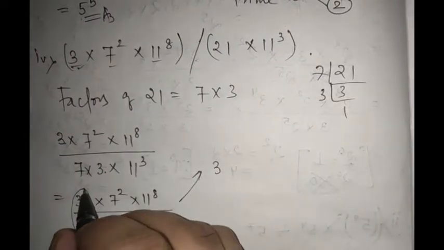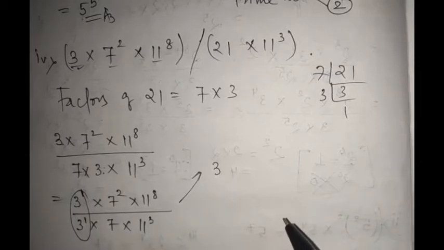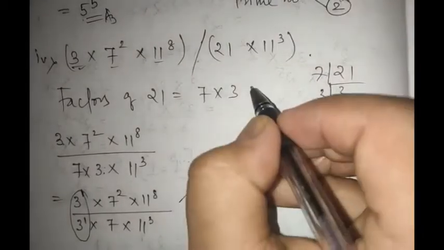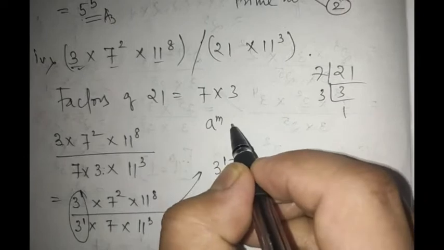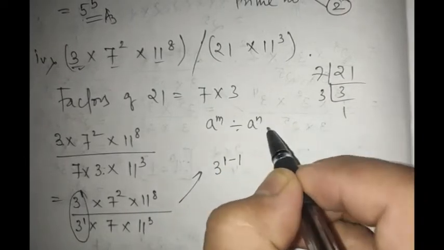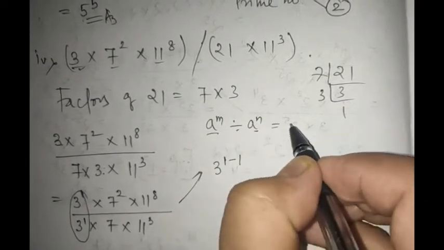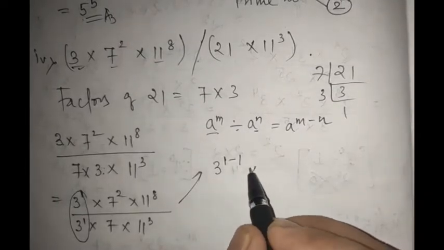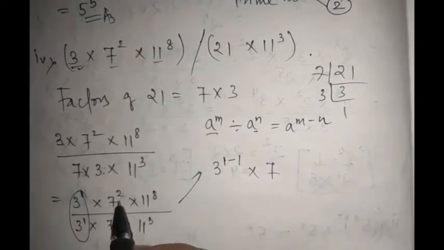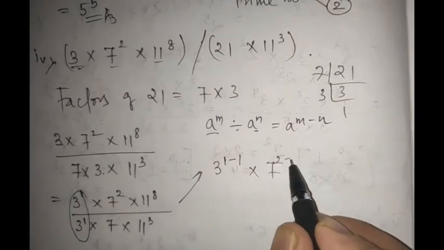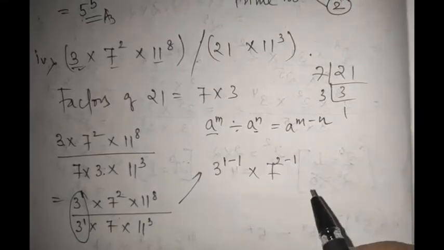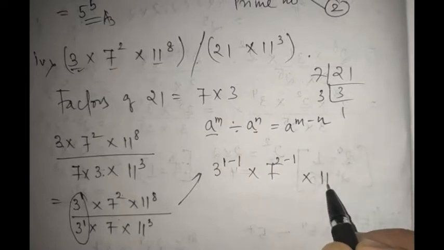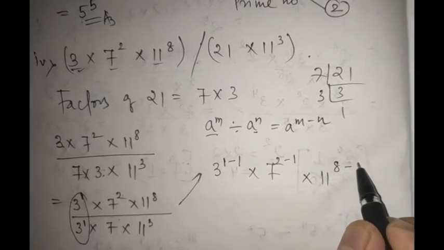They have power 1, exponent 1, so 1 minus 1. When you have a division between the same base, then subtraction will be done on the exponents. So 3 to the power 1 minus 1, into 7 to the power 2 minus 1, into 11 to the power 8 minus 3.